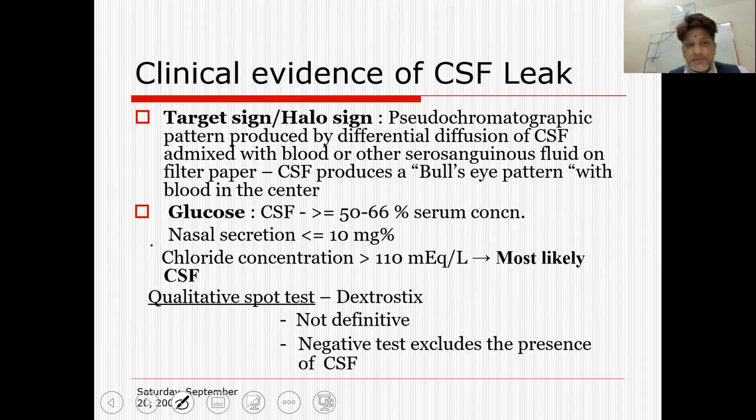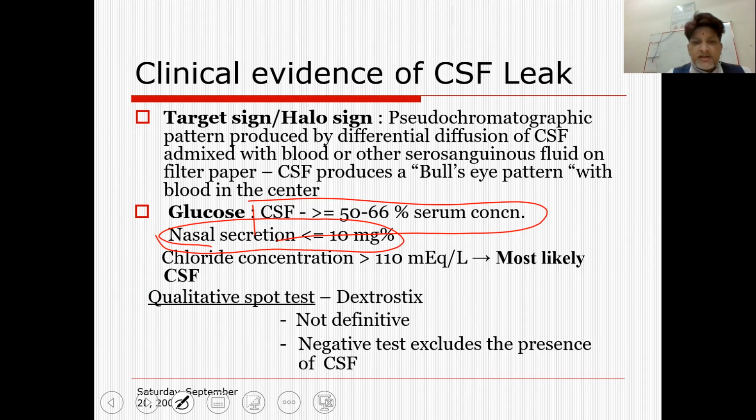So a high resolution CT scan is for me the investigation of choice for the diagnosis of CSF leak. You can actually determine what kind of source the patient has and the location of the fracture.